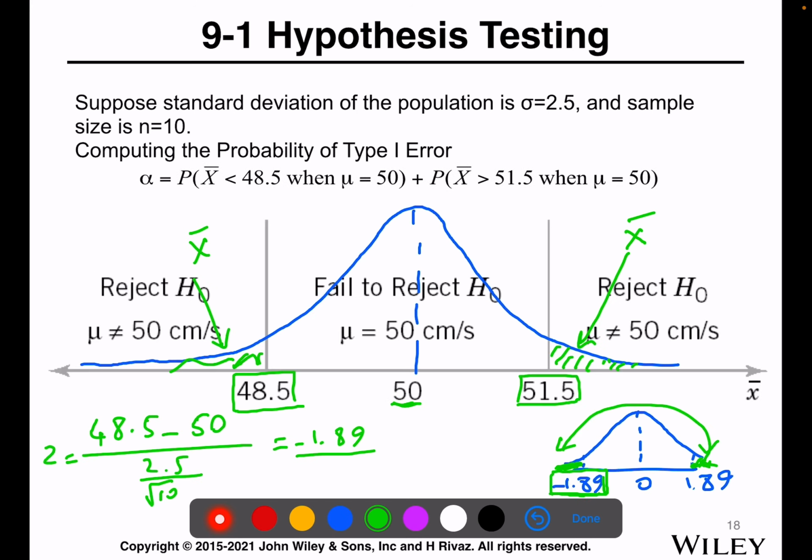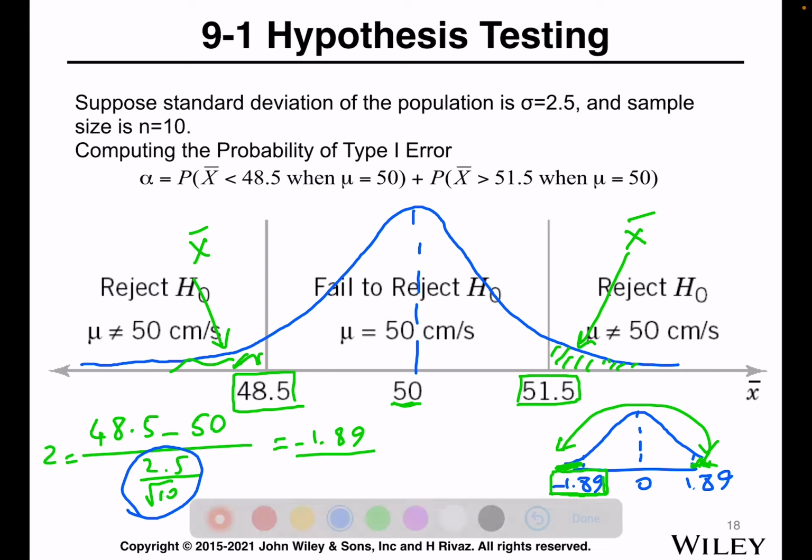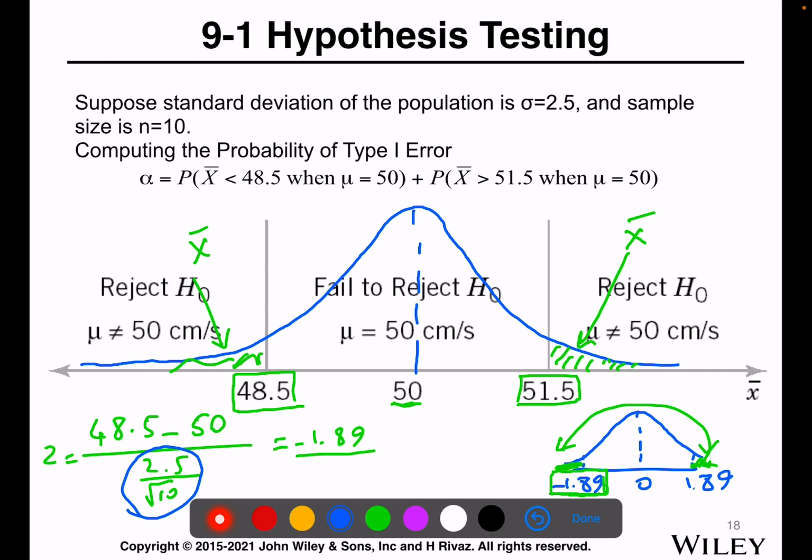So if we go back here, the blue curve that I drew is for the case where the standard deviation of X bar is 2.5 divided by the square root of 10.